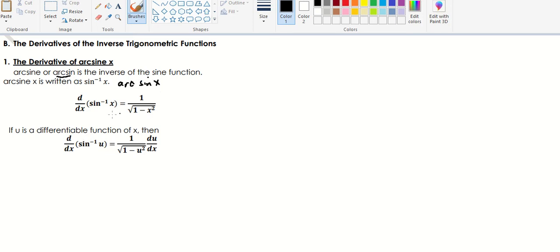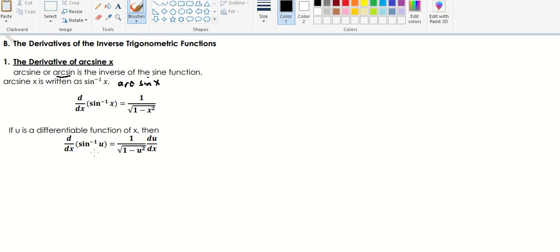Okay? Now, the derivative of arc sine x is equal to 1 over the square root of 1 minus x squared. Alright? Yan ay kung x lang yung pinag-uusapan natin. Hindi pa siya differentiable. Pero kung differentiable yan yung ating x, then we have this formula.